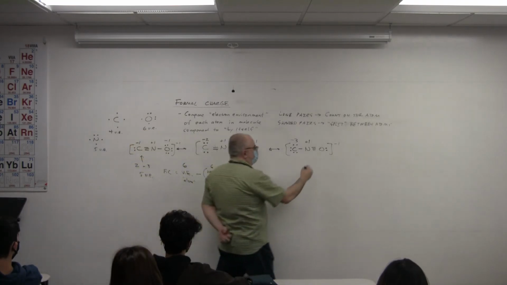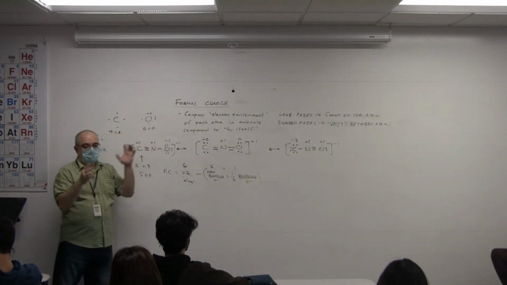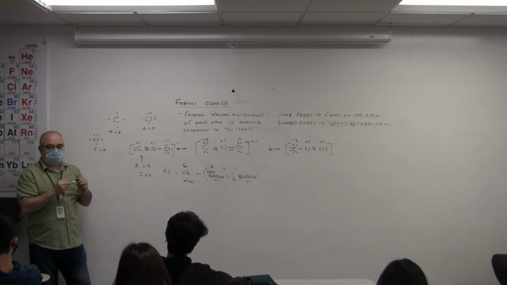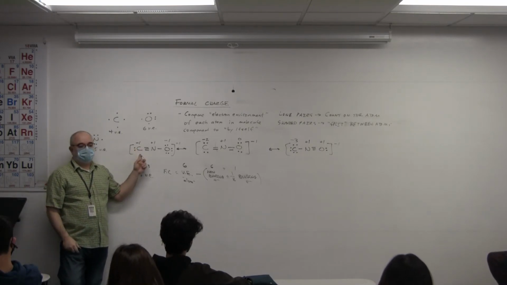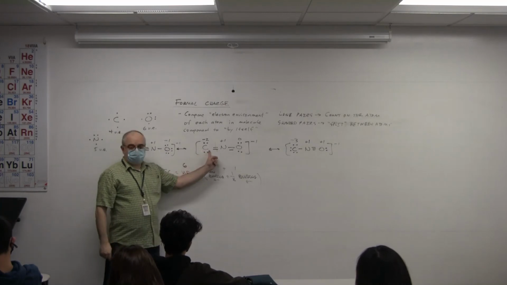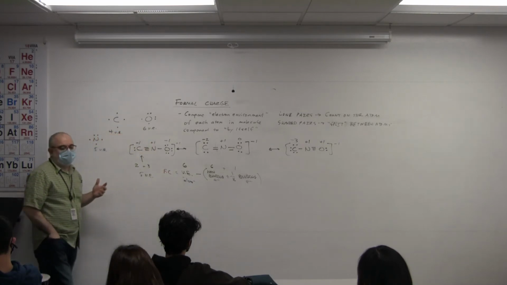So what we're really looking at when we look at formal charge is comparing the electron environment. In this case, carbon has 1 more electron than if it were by itself. Nitrogen has 1 less. Oxygen has 1 more. Carbon has 2 more electrons than it's used to, et cetera. That's what this is. But what does it tell me once I figure it out?